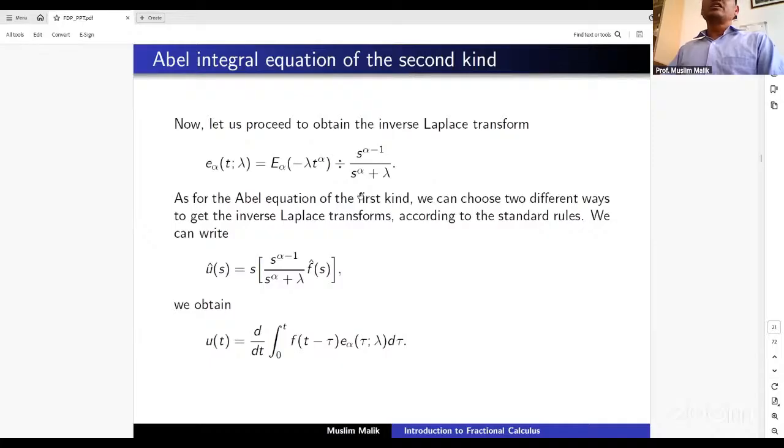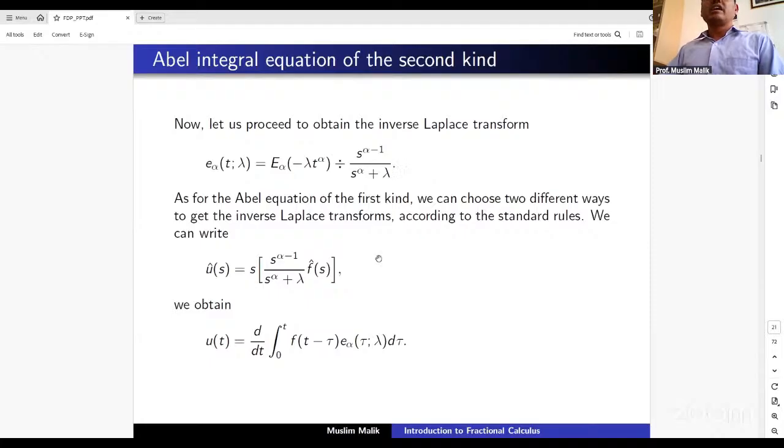For the Abel integral equation of the second kind, we need to use the function E_α(t, λ). This function is called the Mittag-Leffler function, and it is a generalization of the exponential function. The Laplace transform of this Mittag-Leffler function is given by this equation.